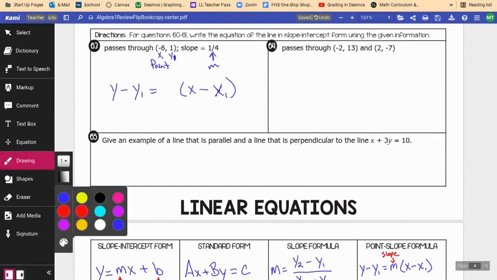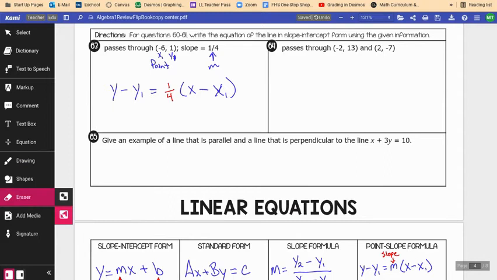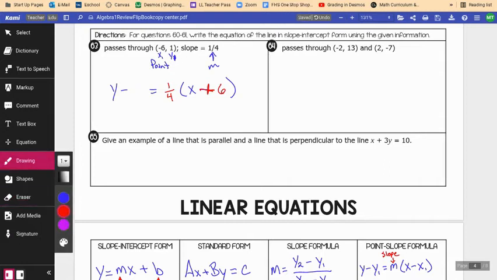Slope is 1/4, so I erase the m and I put the 1/4, the actual value. Then I substitute in for x1. x1 is negative 6, so we have a minus negative 6. Minus a negative becomes a positive. And then y1 is 1, so I just have y minus 1.